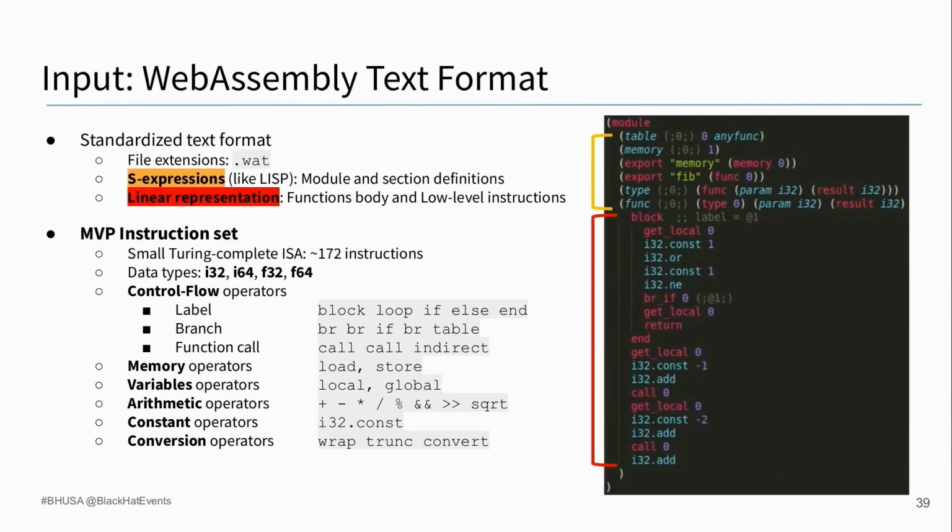In terms of the MVP instruction set, it was not that big. The data types are pretty limited. It's basically integers. You have some control flow operators, which is why it's a Turing-complete instruction set. You have memory operators to load and store from memory, local and global variables, arithmetic operators, constants, and also conversion operators that allow you to switch from, let's say, float 32 to integer 64.